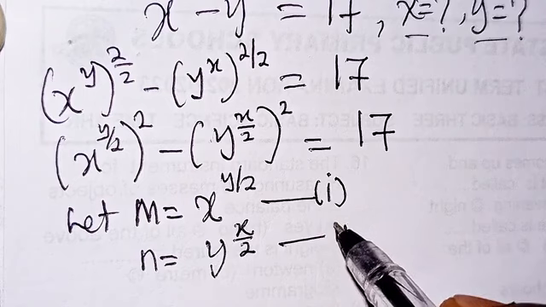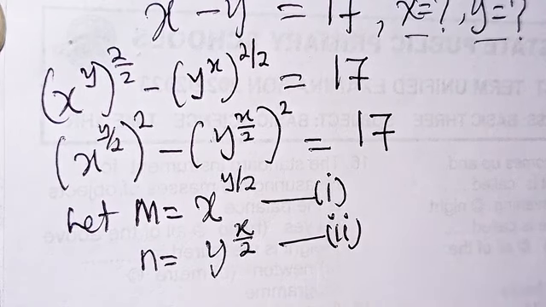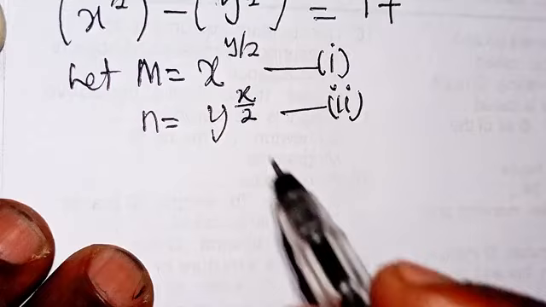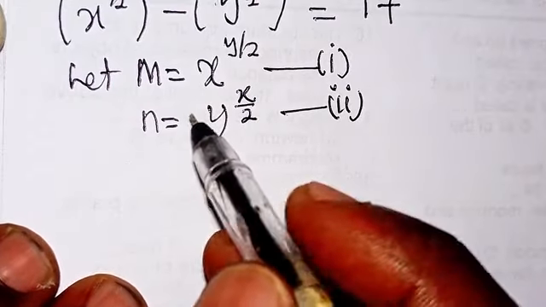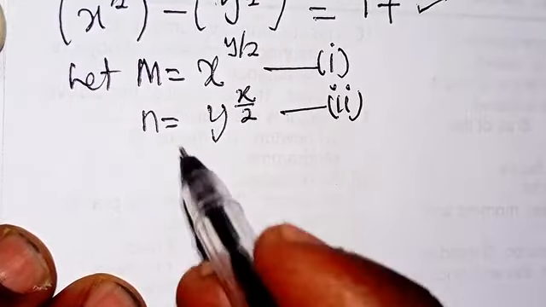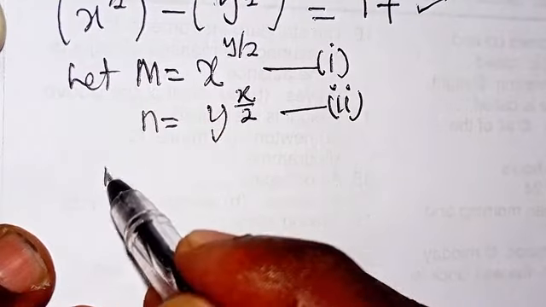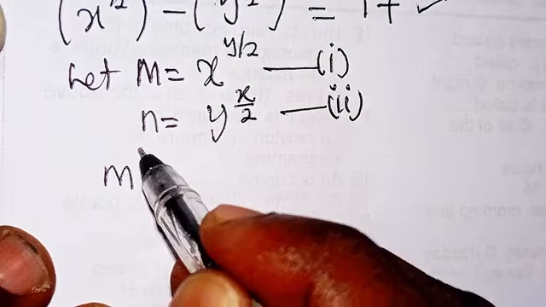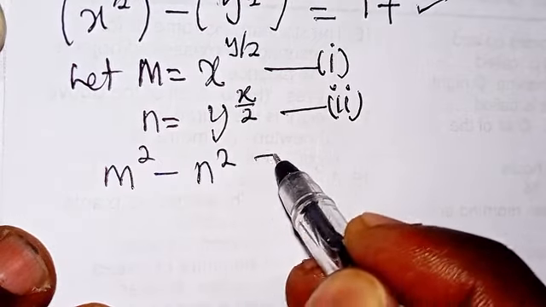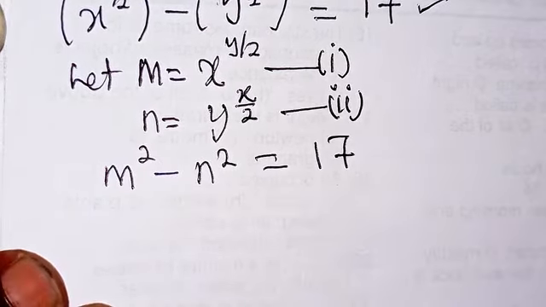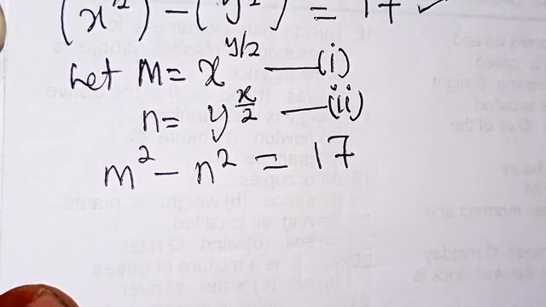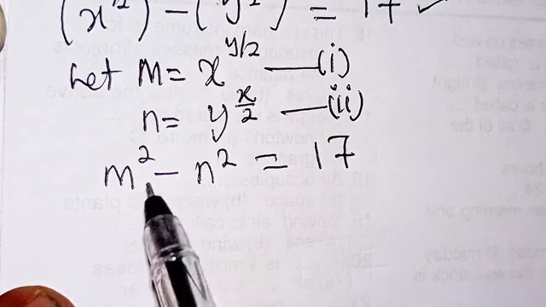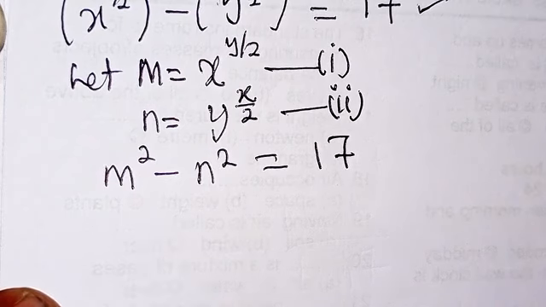Let's call this equation 2. Okay, so now from there we are going to rewrite from here. Anywhere I see this, I have m squared minus n squared equals what? Equals 17.